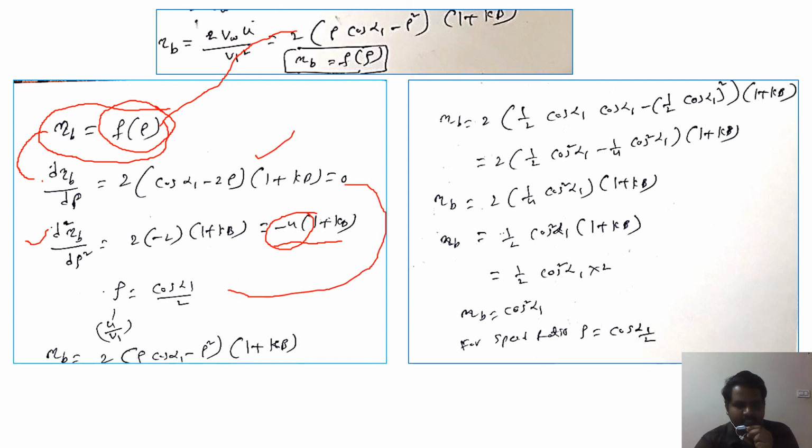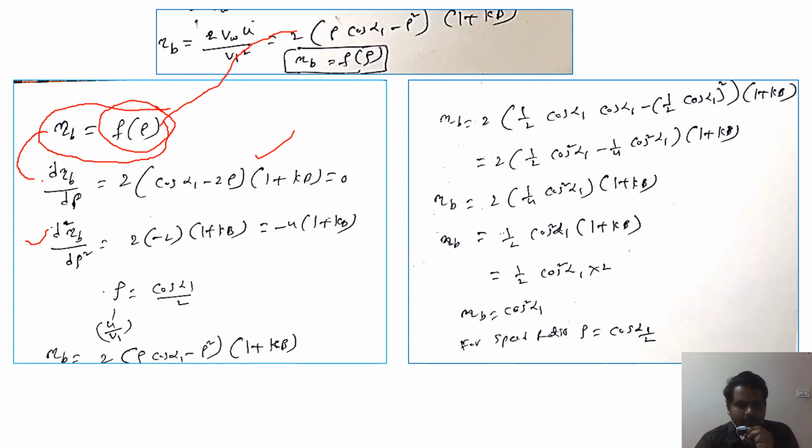If we simplify this equation, rho equals cos alpha 1 divided by 2, which means for maximum blade efficiency, rho has to be cos alpha 1 divided by 2. Here rho is nothing but u by V1, where u is the blade velocity and V1 is the velocity of the steam at inlet.